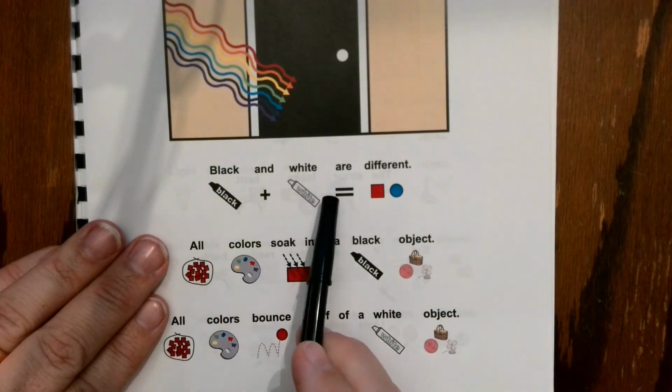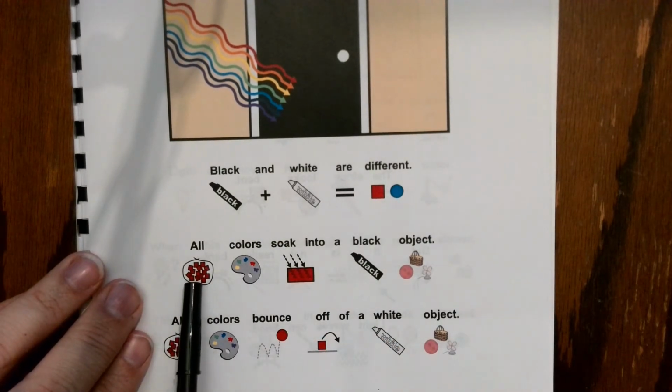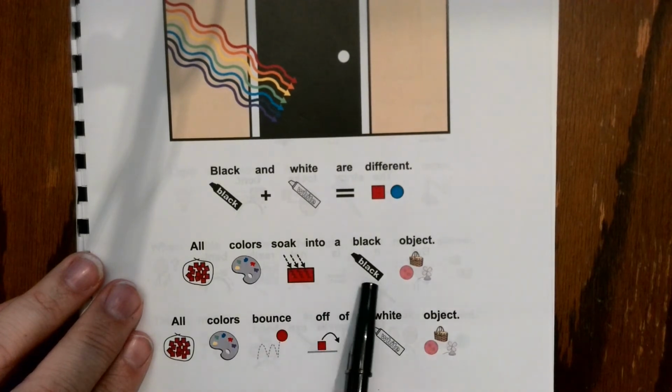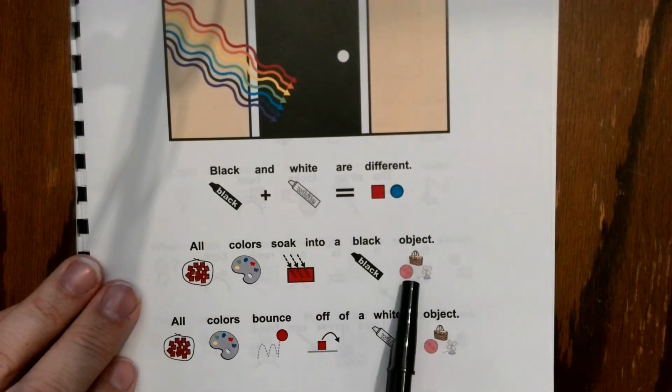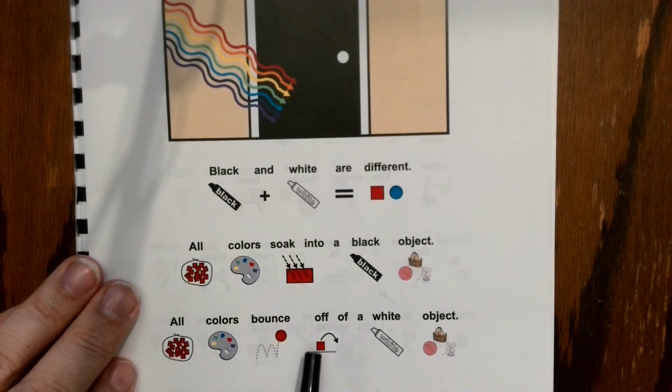Black and white are different. All colors soak into a black object. All colors bounce off of a white object.